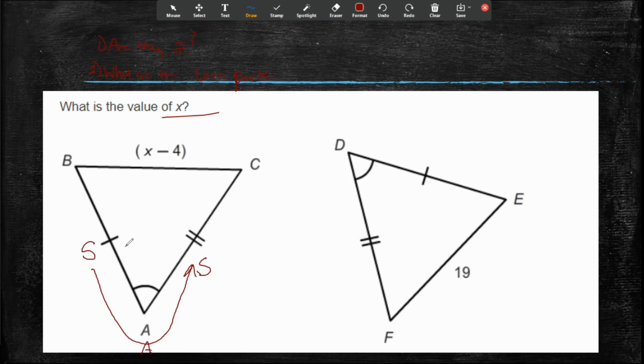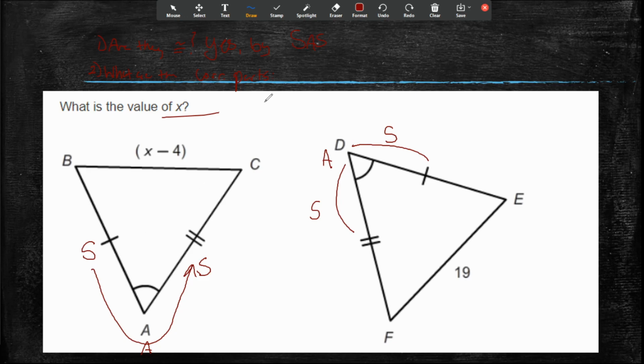So now if I start at tick mark 1, move to this, I have a side to an angle, which leads to a side, and they are orientated in the same way. I'm traveling from tick mark 1 to angle 1 to tick mark 2, tick mark 1 to angle 1. So these are congruent, yes, by SAS, side, angle, side.